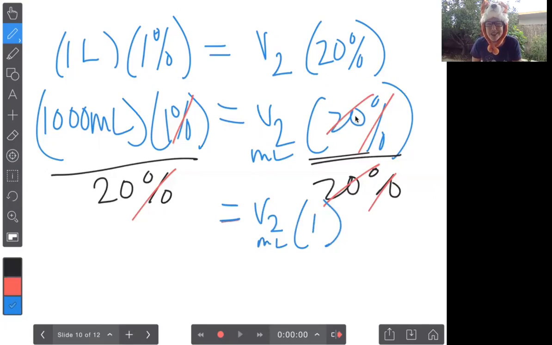What's 1,000 divided by 20? 500? No. 50? 50 times 20? Yes. 50 mLs.